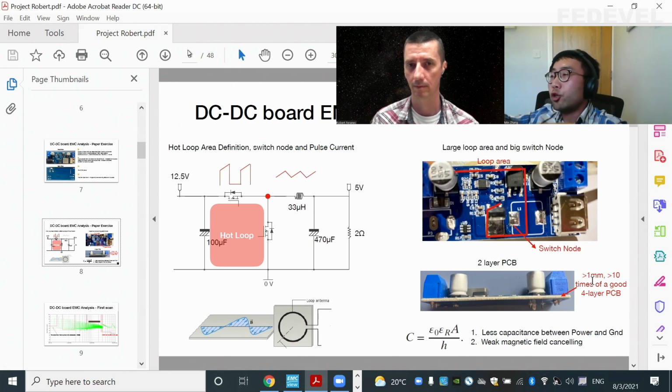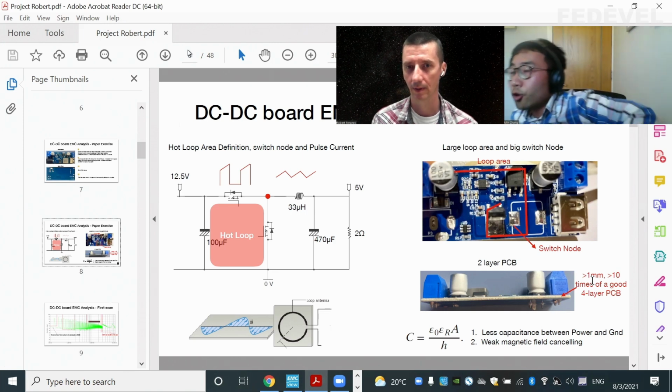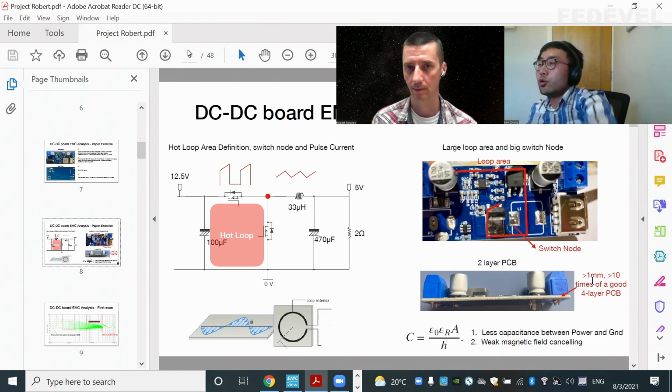And on the second plane, you put a solid continuous ground plane underneath the hot loop area, for the reason we just explained, to cancel that field. Then the noise will stay local. So the noise won't penetrate into any other layers.